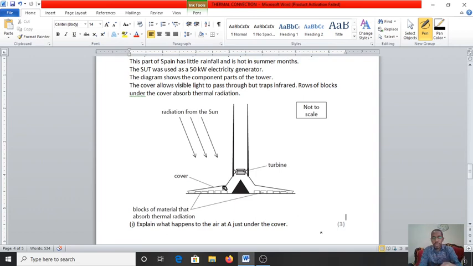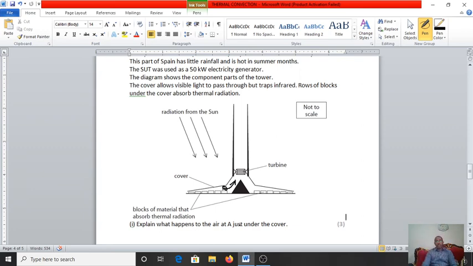So when it rises, this air goes up like this. I think that is the next part of the question. But let us first continue with this. What happens to the air at A? The air becomes hot. The air will expand. It becomes less dense and rises.